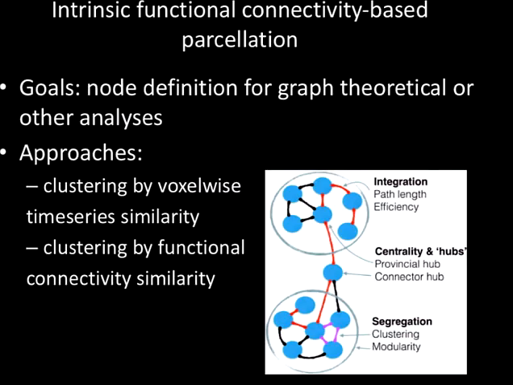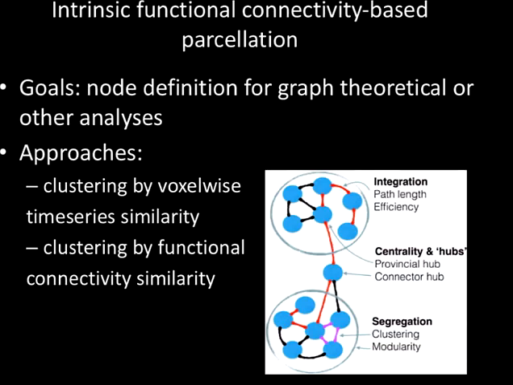One is by voxel-wise time series similarity. So if you had something like 200,000 voxels in the brain, each with its own time series, you may group them together by the similarity of the time series, and you might examine that things that are spatially near each other might have more similar time series and might end up coming together in a clustering algorithm. And we talked a lot more about the other, I think more common approach, which is clustering by functional connectivity similarity.